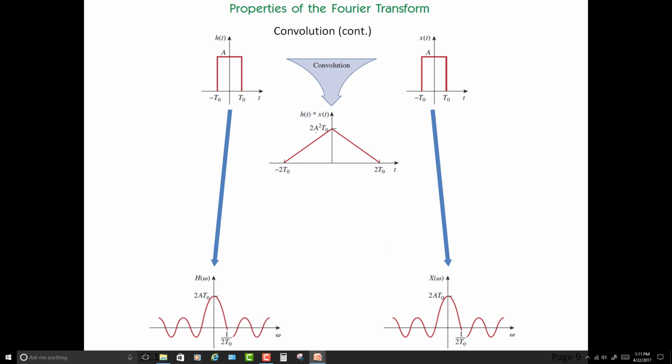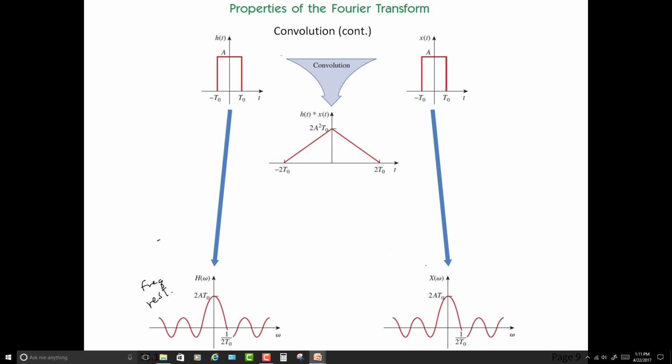Okay, so what about the frequency response? This up here was a done deal before. We've done all that in the time domain. The frequency response of each of those, h and x, we've shown here, and they're the same, of course, because the functions are the same. So this is the frequency response down here of that pulse, and it's the sinc function like that, both of them.